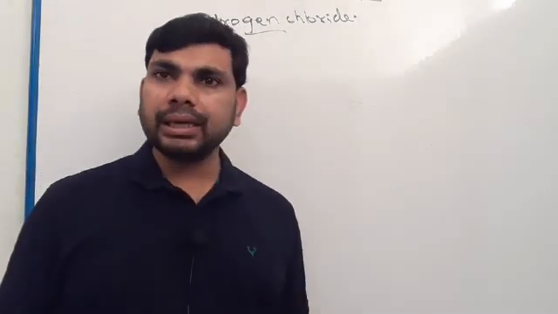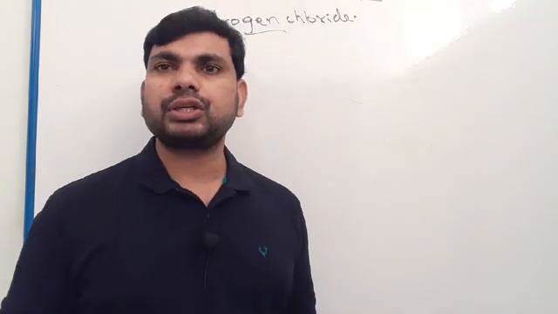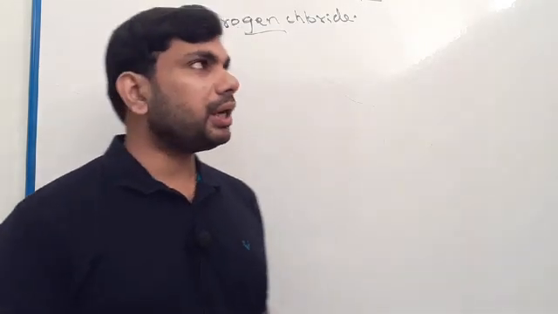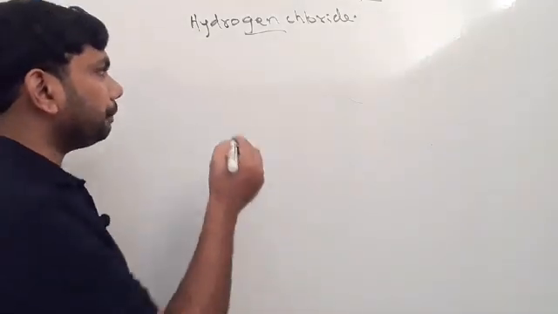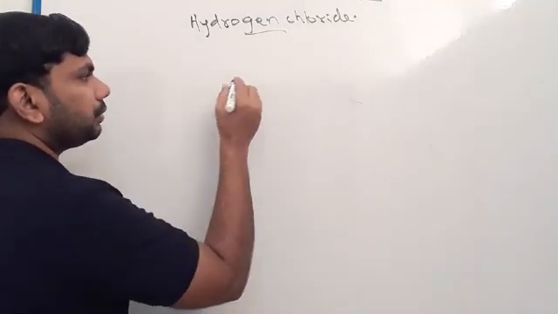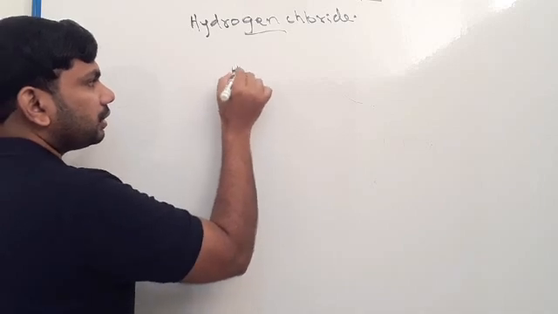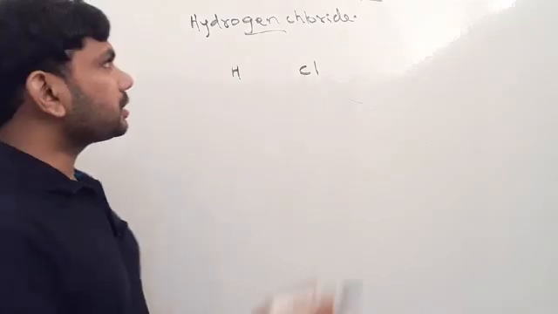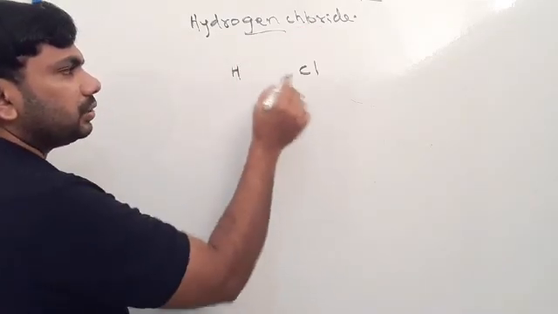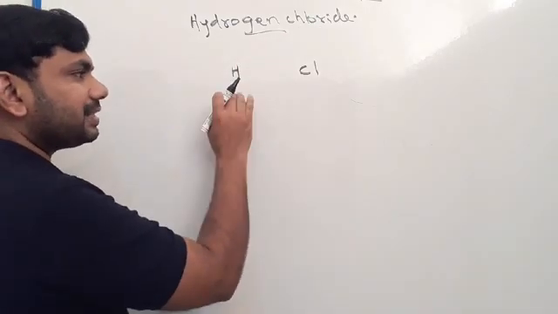You want to make the formula of hydrogen chloride. So here you know hydrogen and chlorine. Use your periodic table. Hydrogen chloride means there is hydrogen and chlorine. Then you have to write their valency down.